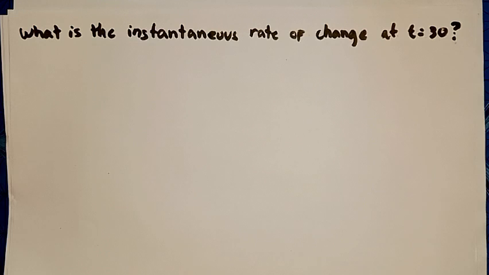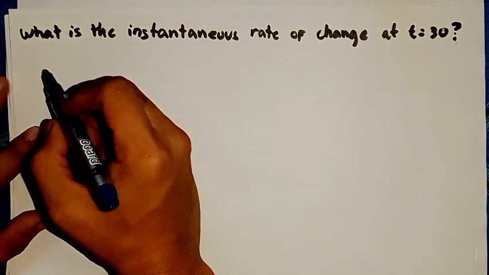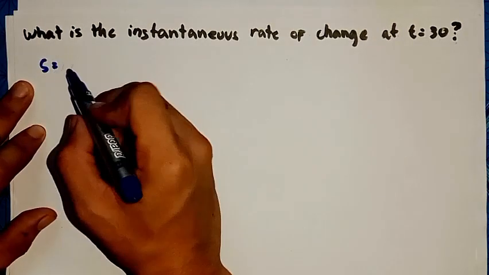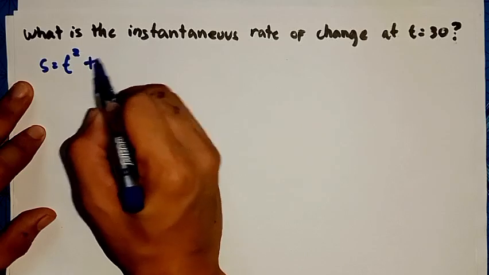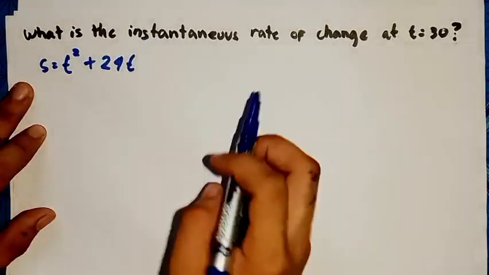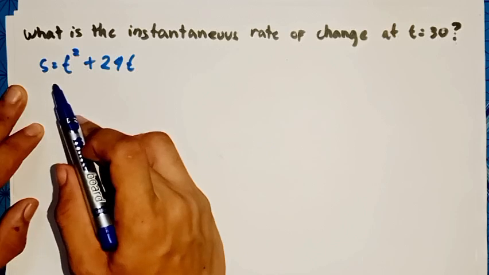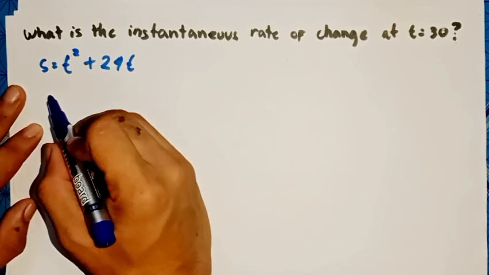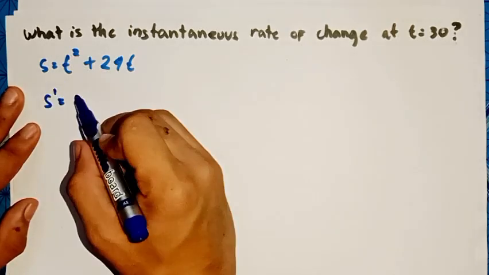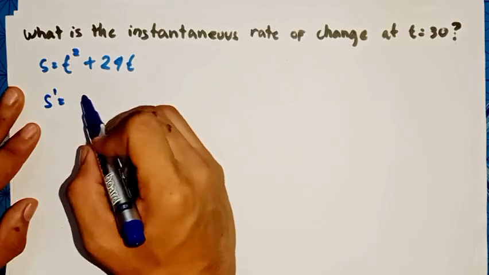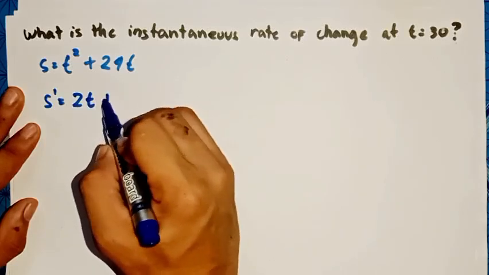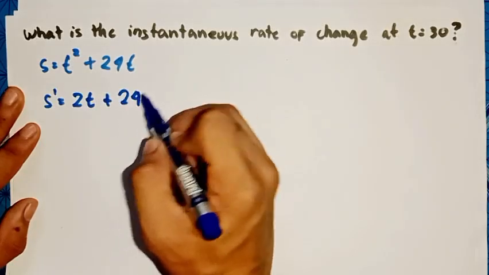To get the instantaneous rate of change, first, let's have the position. To get the instantaneous rate of change, we must first find the first derivative of this equation. So s prime is equal to, the derivative of t squared is 2t plus 24.